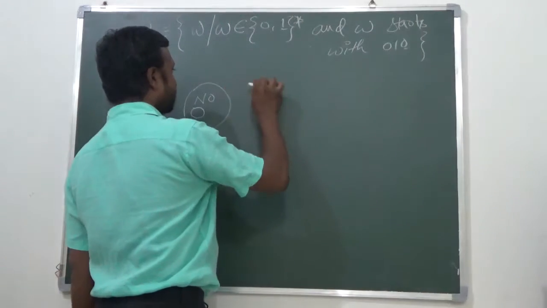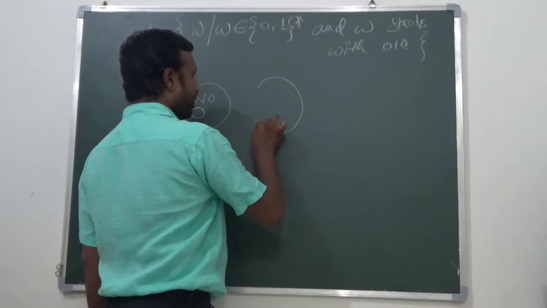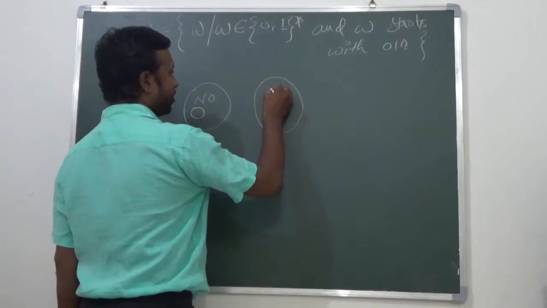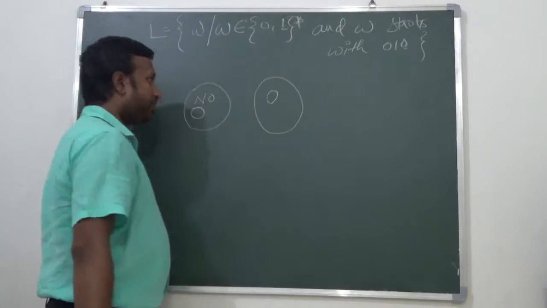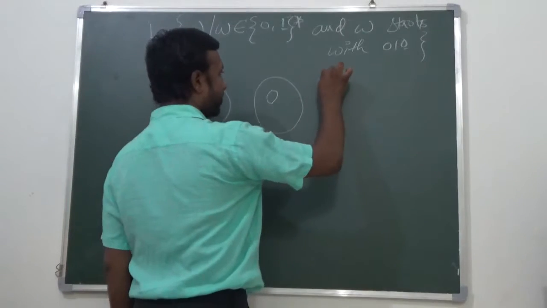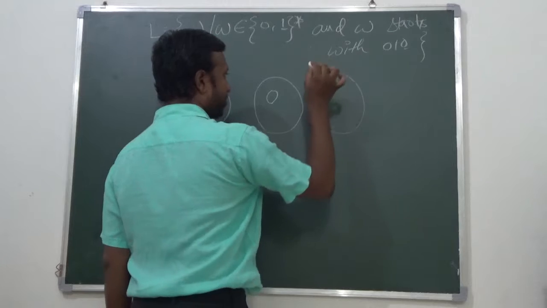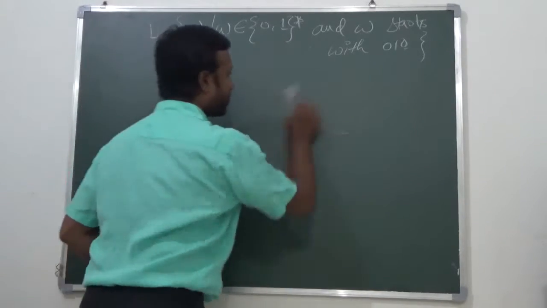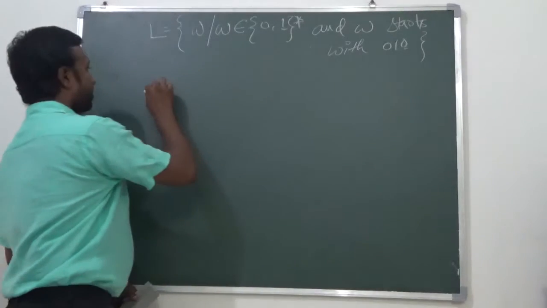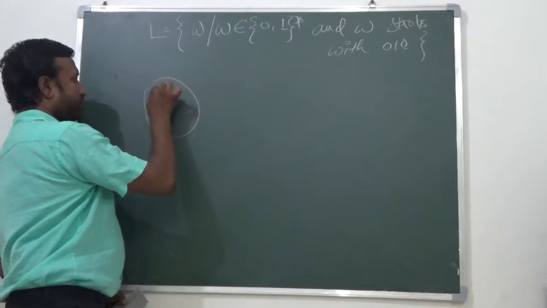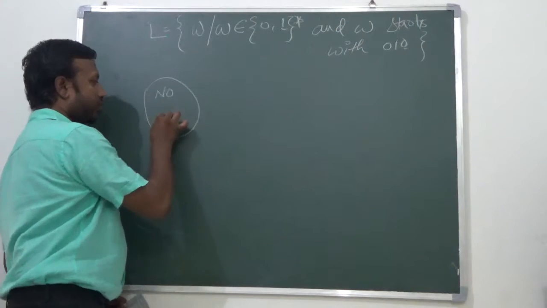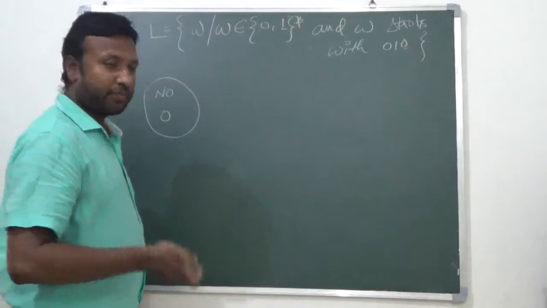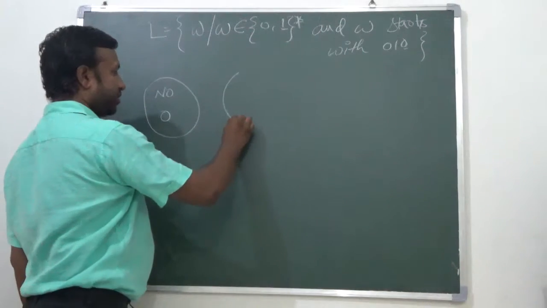Now then, the machine has seen the first 0. Let's draw it in some nice way. So first of all, the machine is seeing no 0. That might be possible. The first bit is obviously not 0. First symbol is not 0.